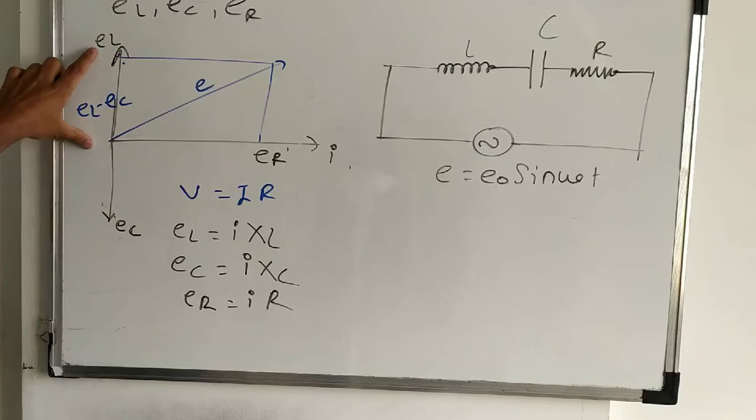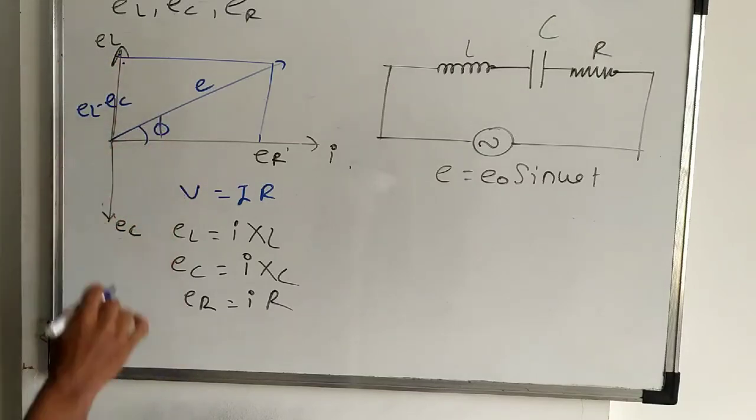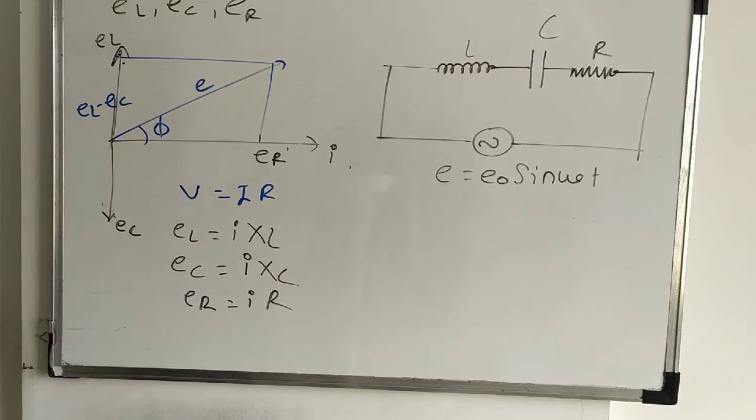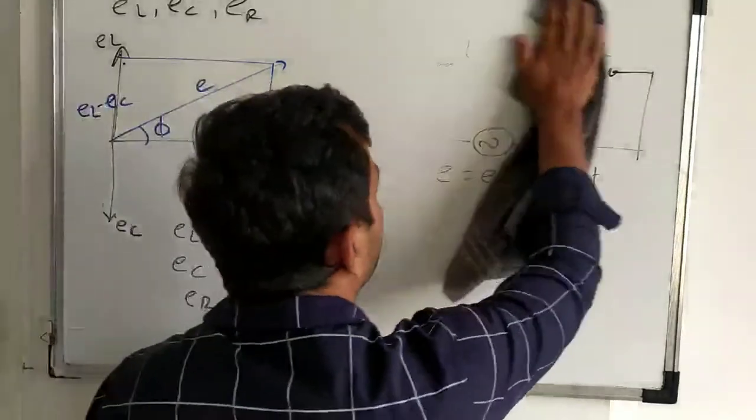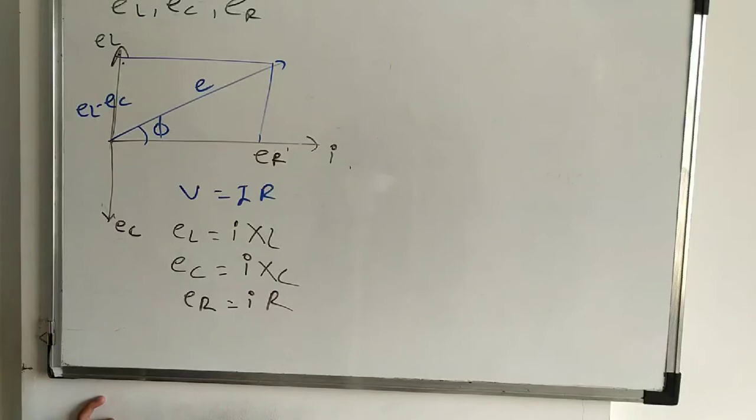So the resultant will shift towards the E, and here the angle, if you consider it as phi, then from the phasor diagram, that is this diagram is called phasor diagram, where all are plotted in the diagram. From this diagram, how we can write?